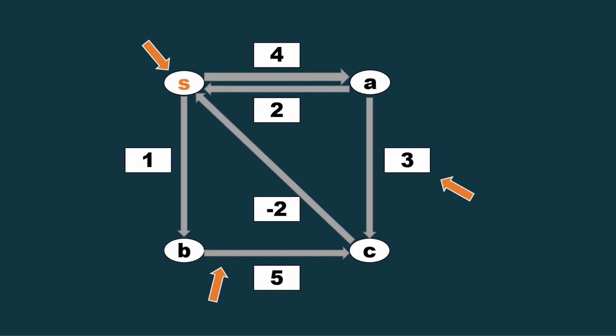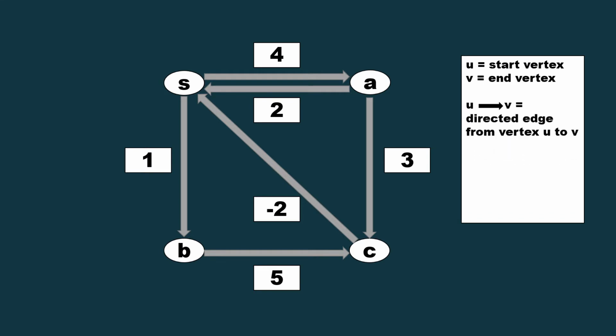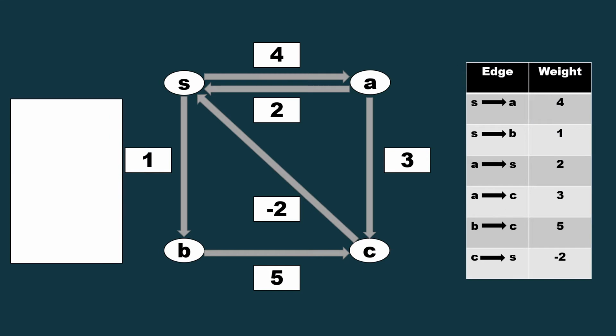Notations we will use are given below. U means the start vertex. V means the end vertex. U to V means the directed edge from vertex U to V. W(U,V) means the weight of the directed edge from U to V. If there are n vertices, then we will iterate n minus 1 times to get the shortest distance.